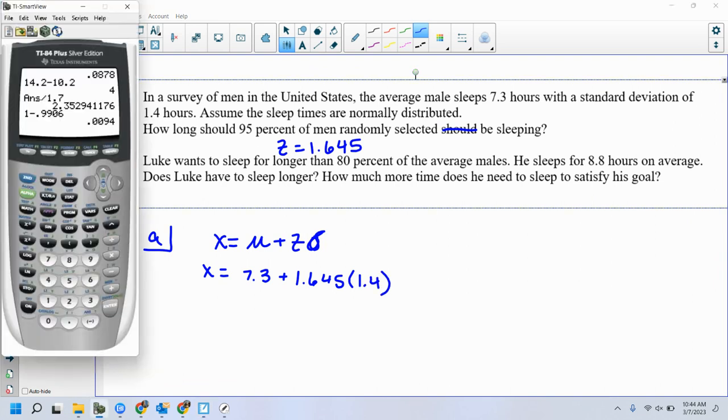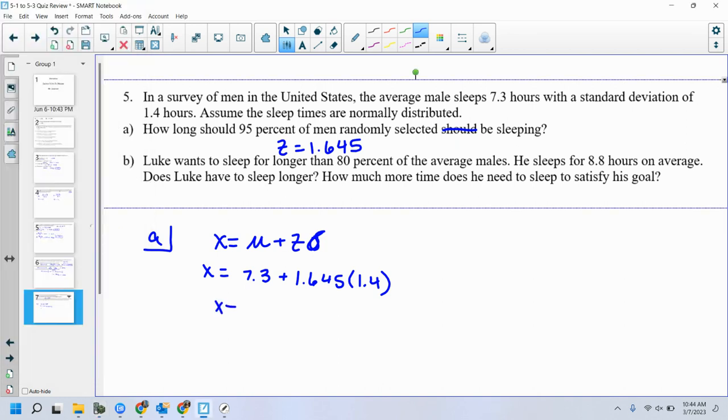So 7.3 plus 1.645 times 1.4 is 9.603. X is equal to 9.603. So 95% of men should be sleeping at least 9.603 hours.